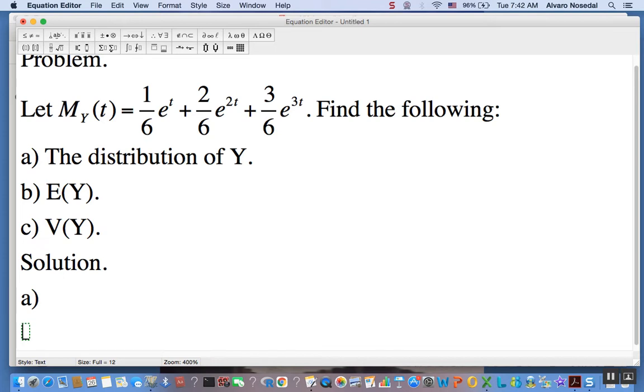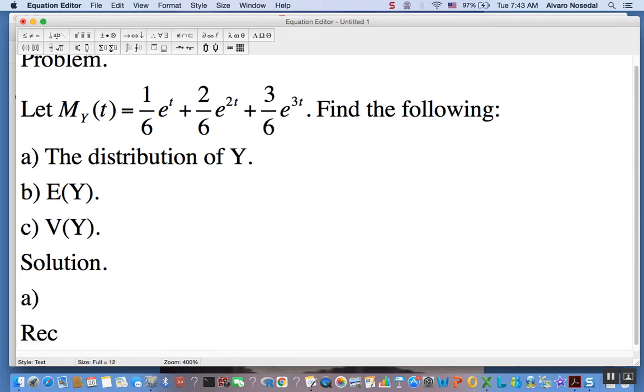Now, how do we go about this? We have the MGF, but that's all we have. How about we recall the definition?